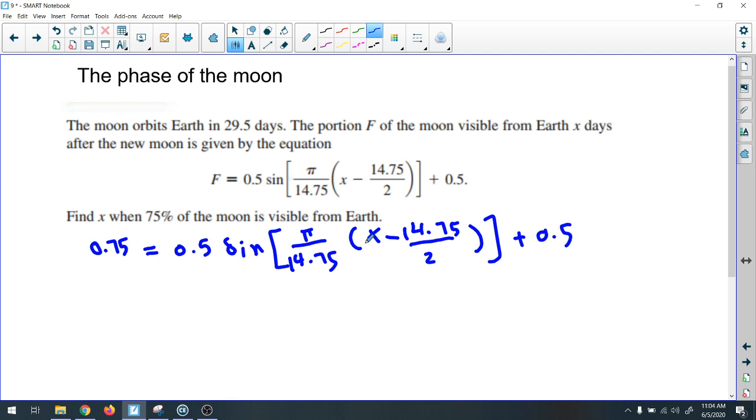That's first. So first we substitute for F equals 0.75.